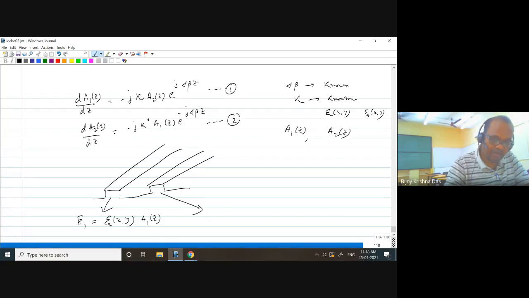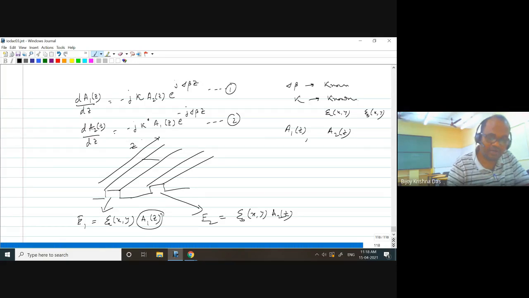And E2 will be EBXY times A2Z. I could write AA and AB, but because they sound alike, I put A1Z and A2Z. So once I can solve A1Z, I will be able to see the field distribution at a particular Z position. This is your Z direction, right?